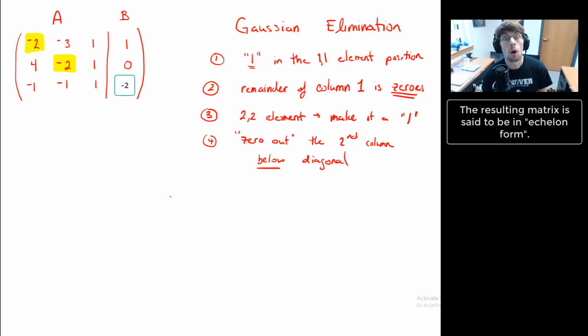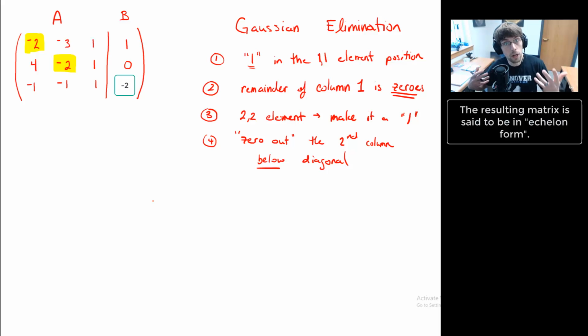And then step 5, rinse, wash, and repeat. We'll go to the 3,3 element, make it 1, 0 out the rest of the column. Go to the 4,4 element, get it to be 1, 0 out the rest of the column, and we keep progressing that way.